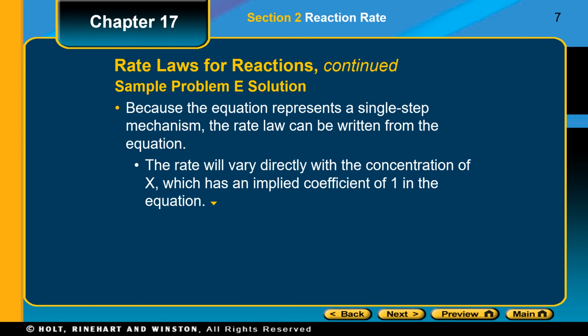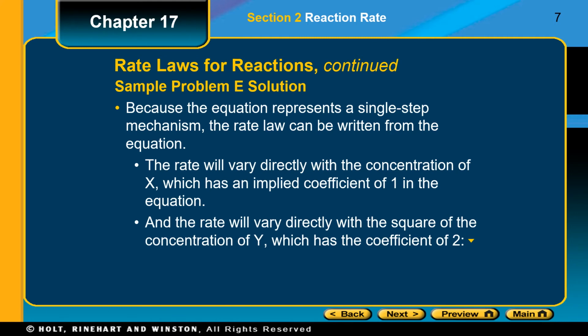And the rate will vary directly with the concentration of X, which has an implied coefficient of 1. And then the rate with the other variable, Y, varies directly with the square of Y, which has a coefficient of 2.